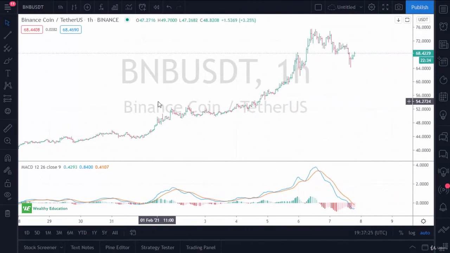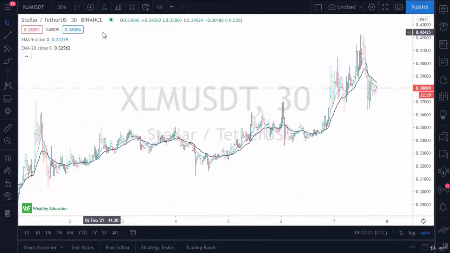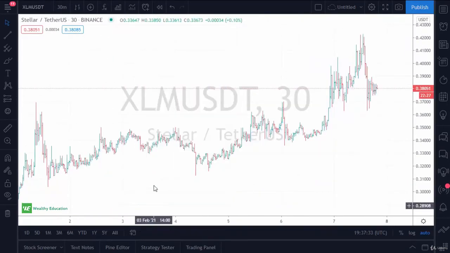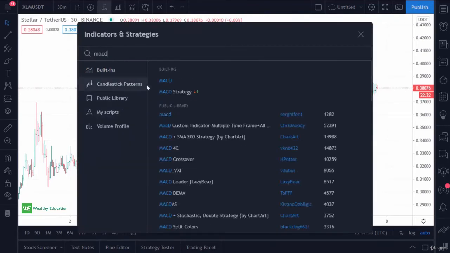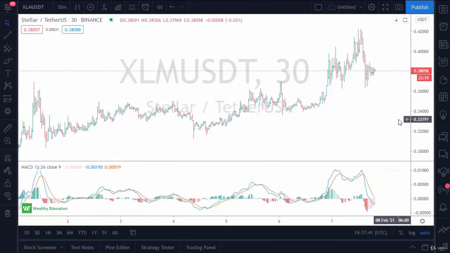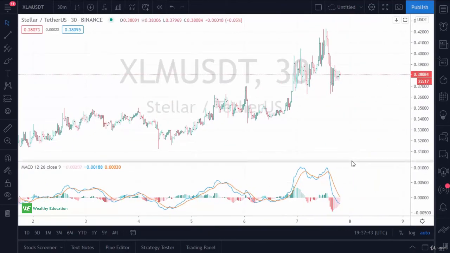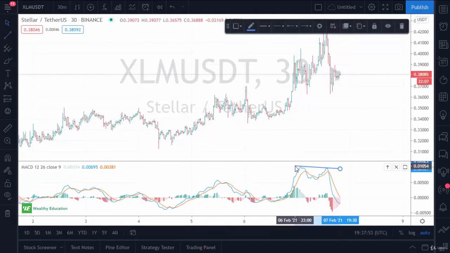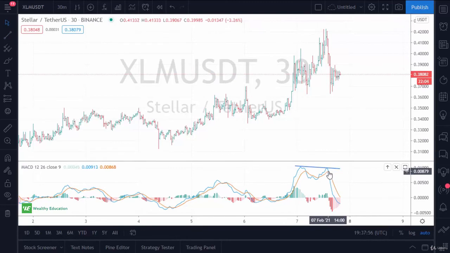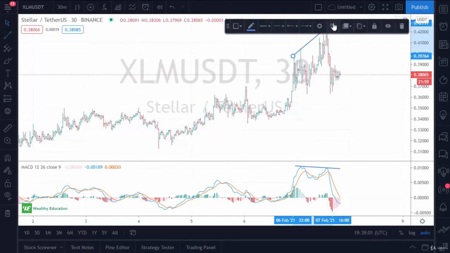And then finally, I'll go into stellar lumens here, and I'll remove these indicators, and I'll do the MACD over here. So it's a little early to tell at this point, but it does look like we made a lower high here on the moving averages, while we made a higher high here.